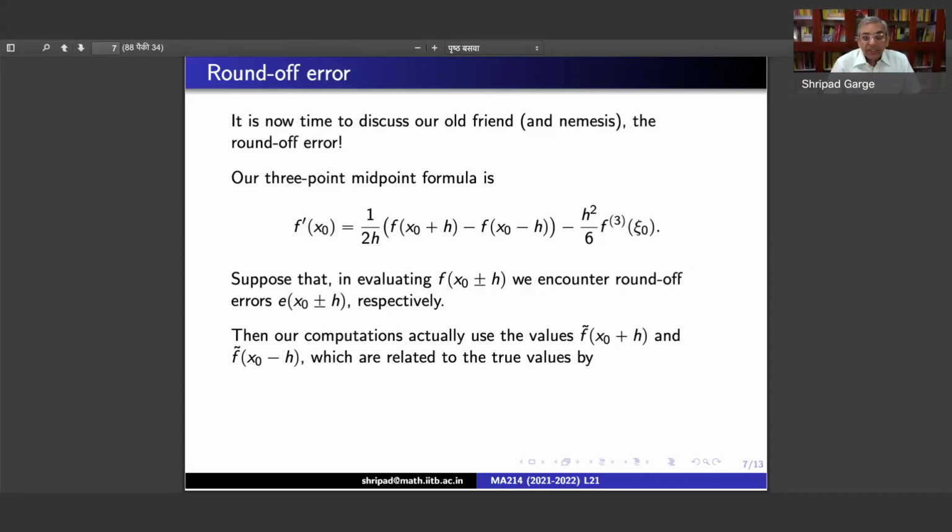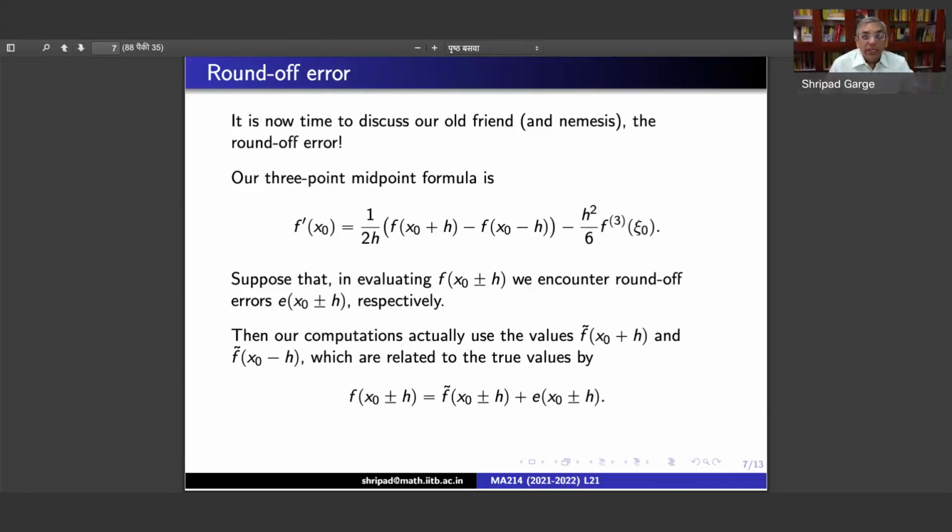So what is the error? The f values are f tilde values plus the round off error. This is by definition, right? So f minus f tilde is our round off error. So f equals f tilde plus the round off error. Now we put these values back in the midpoint formula to compute the total error.